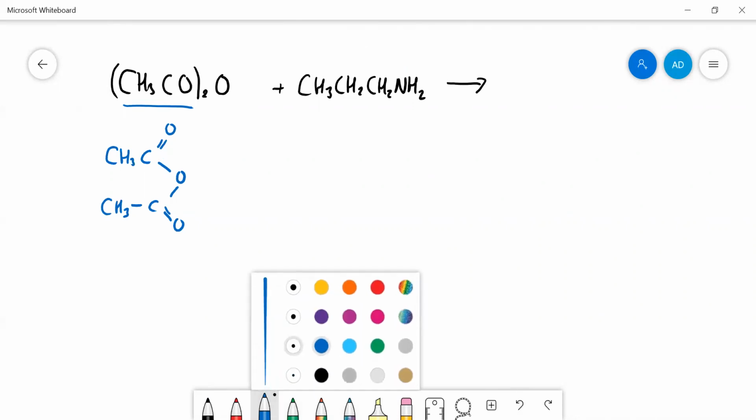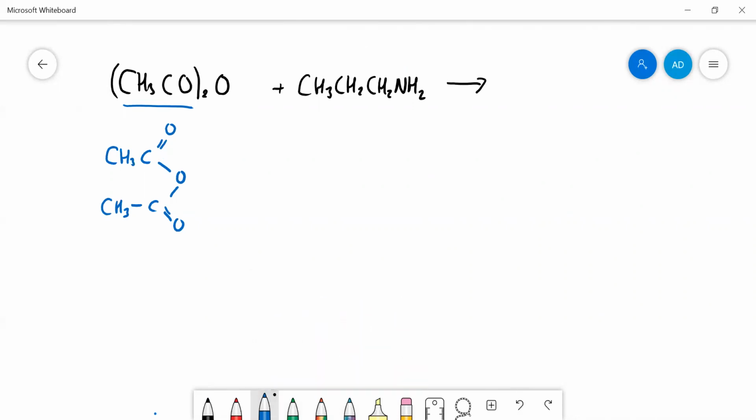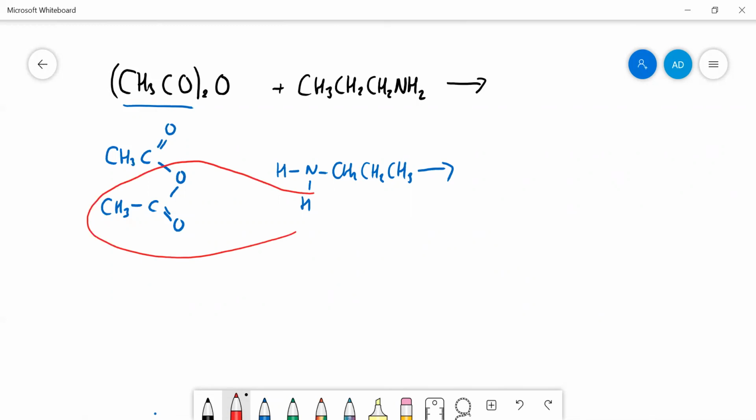Makes it easier. So we've got, okay, and we are going to lose that there. So we're going to eliminate the carboxylic acid.